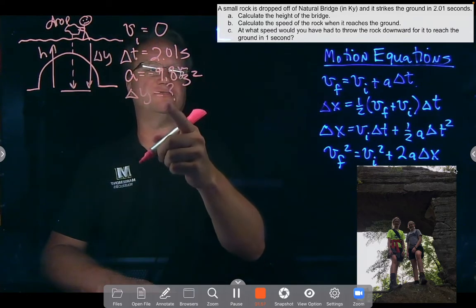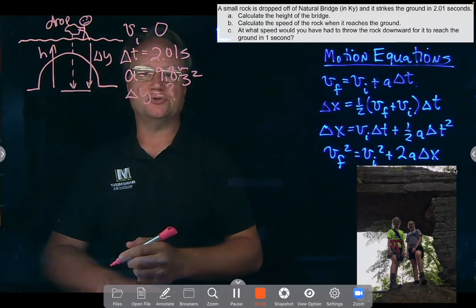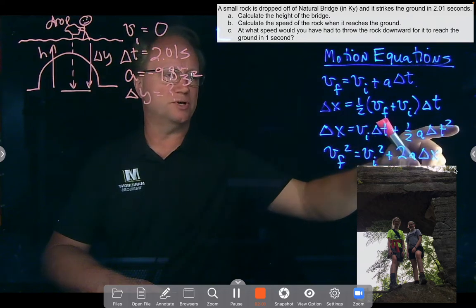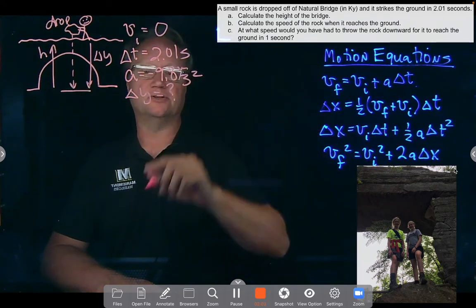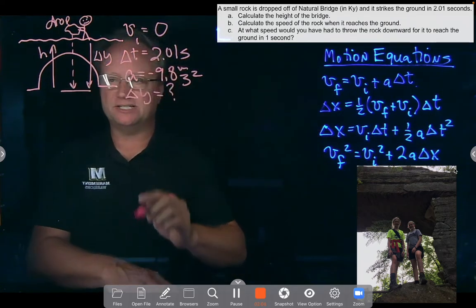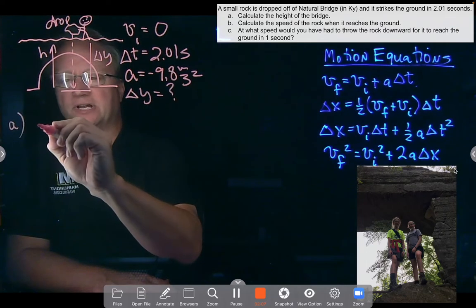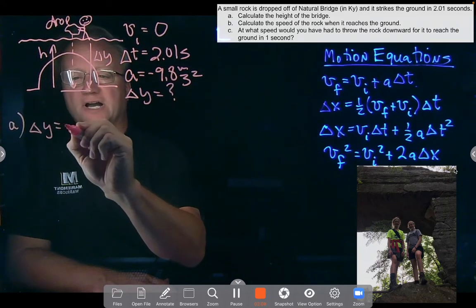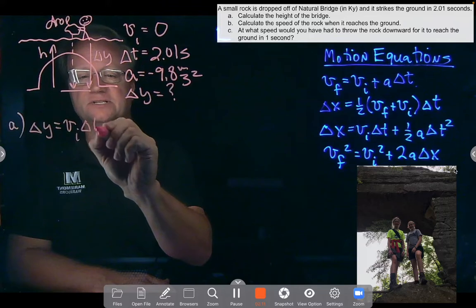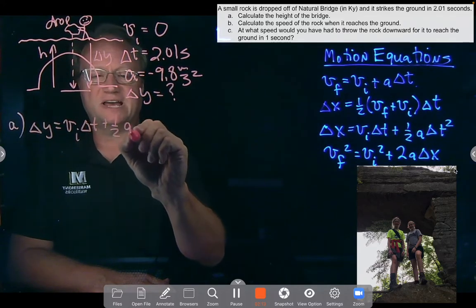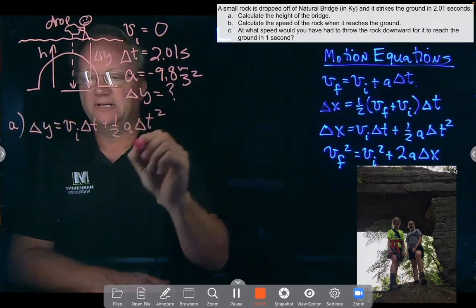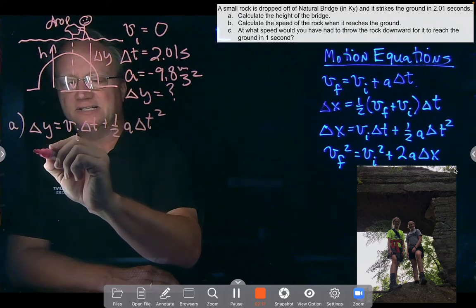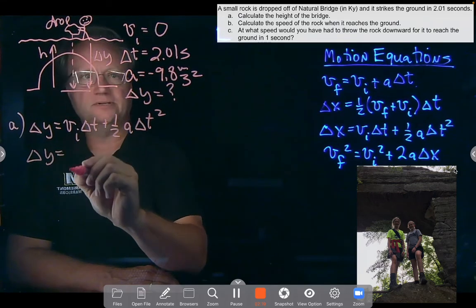So with this given information, the motion equation we have enough to use is this third one. Remember, delta x and delta y both represent displacement. So on part A, delta y is equal to vi delta t plus 1/2 a delta t squared. I've got delta y as my unknown.